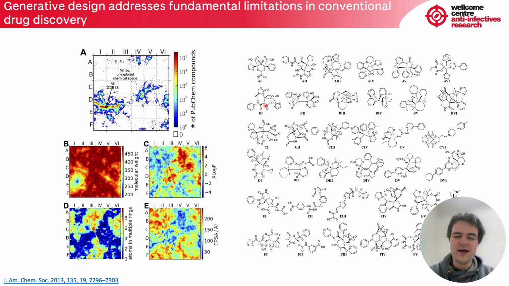One question is what do these unexplored areas contain? We can see that they contain very complex structures, which highlights that with generative design we can explore a significantly more complex space than we can with traditional design thinking.